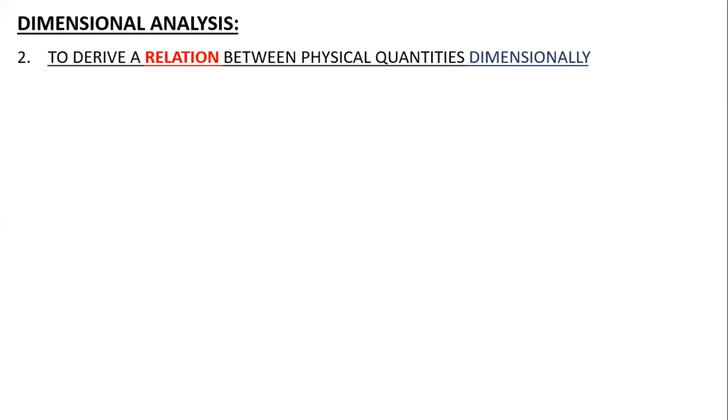If you want to find a relation between physical quantities, when I say relation, I mean whether a quantity depends directly on a physical quantity, whether it depends indirectly, inversely, on the square of a quantity, cube of a quantity, square root of a quantity, whatever. That is called the relation. So that we can try to find out using the dimensions.